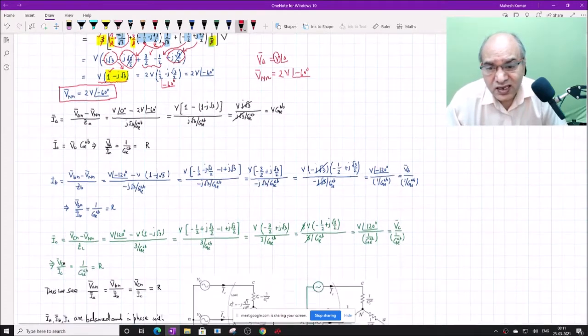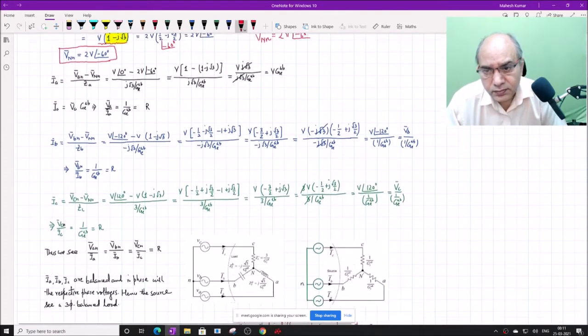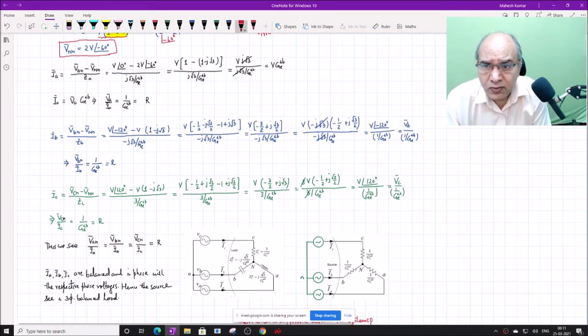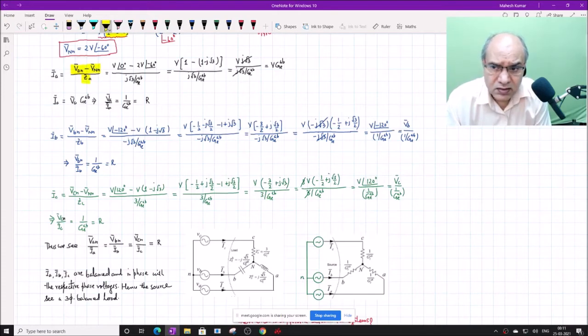Now what is the current IA? So IA will be now VAN minus VNN by ZA, because there is a neutral voltage. So this is V angle 0 minus 2V angle minus 60 degrees, by ZA, which was Z root 3 by ZL AB.